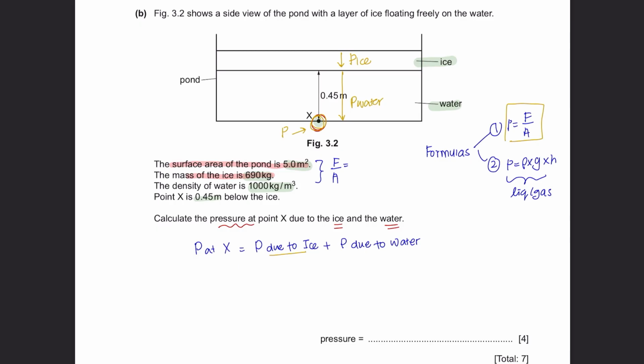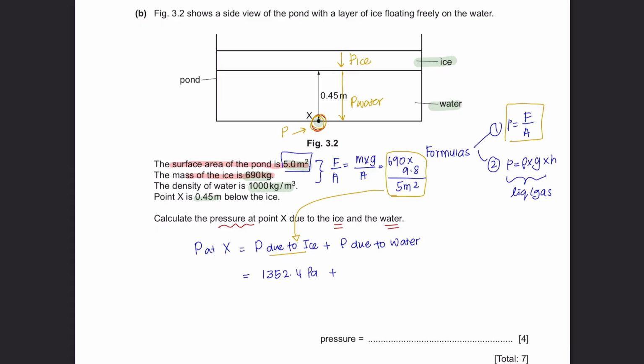The force here is equivalent to its weight, and to calculate weight, it is mass times gravitational acceleration, which is 690 kg times 9.8 meters per second squared, over the area of the ice given as 5 meters squared. You will get a value of pressure for the ice, which is 1352.4 pascals.